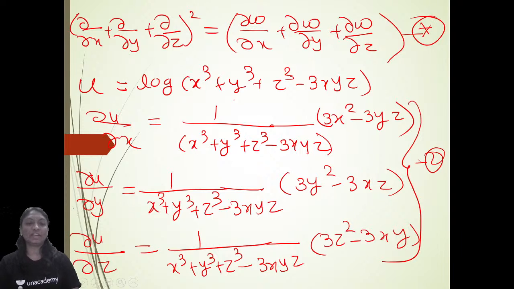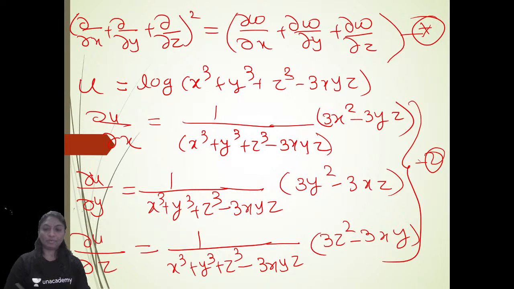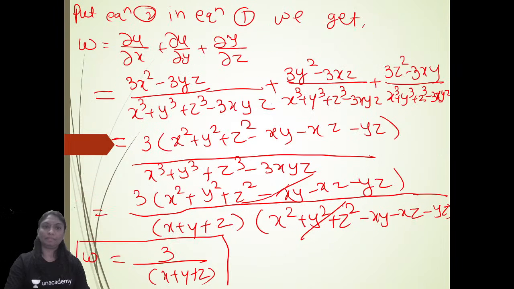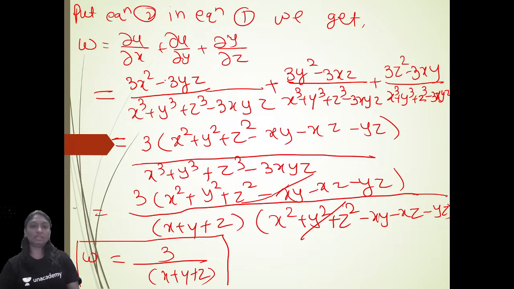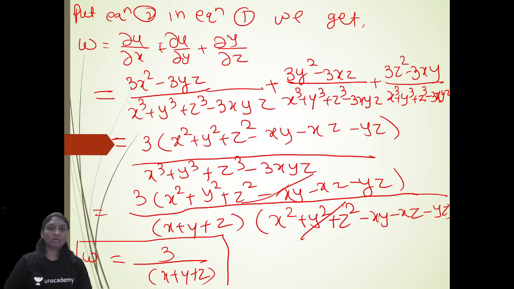Now we will differentiate w partially with respect to x, y and z and put it here. Just evaluate this w. So I'm rubbing out this.